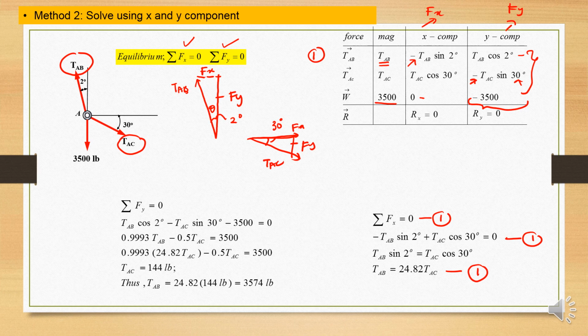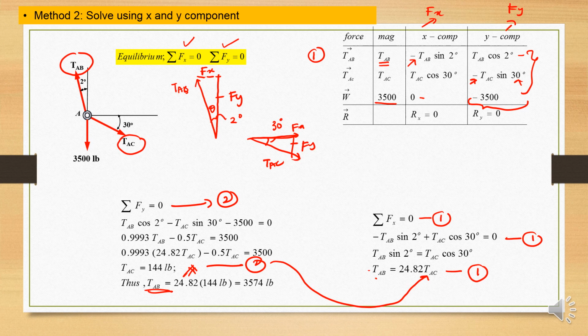Just put it here. After you rearrange the equation, you will get that TAC equals 145 pounds. This is equation 2, which we developed from the main equation of Fy. We substitute the TAC value into equation 1, and finally we will get the answer for TAB.